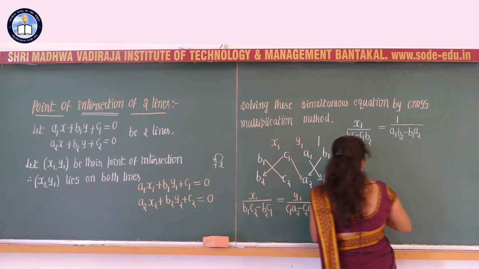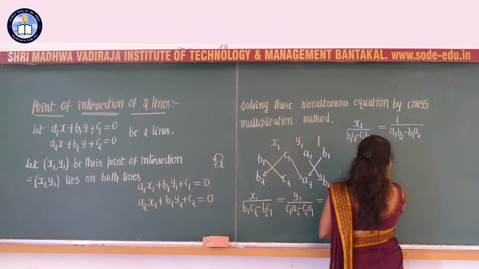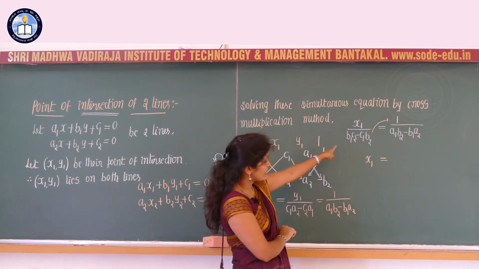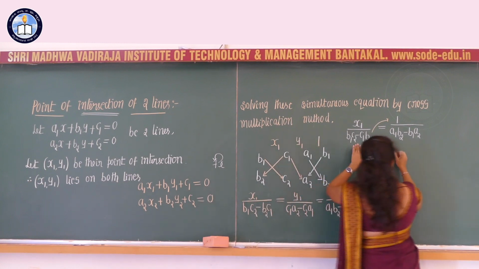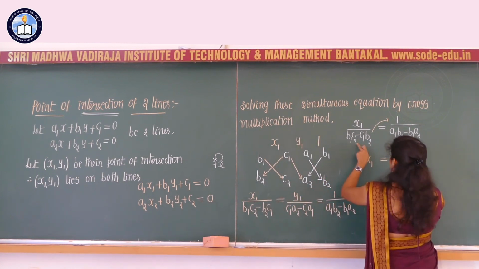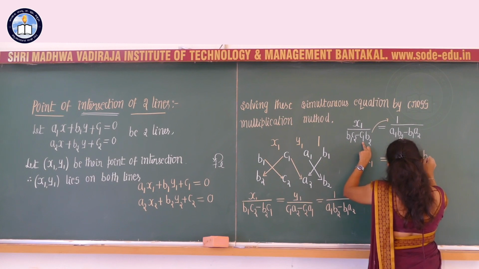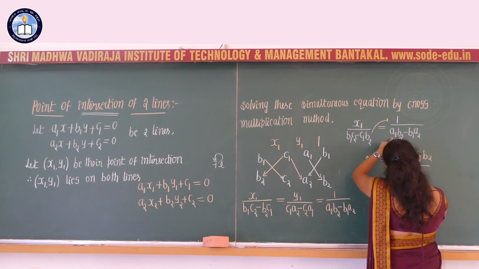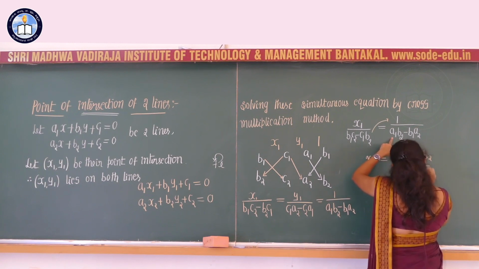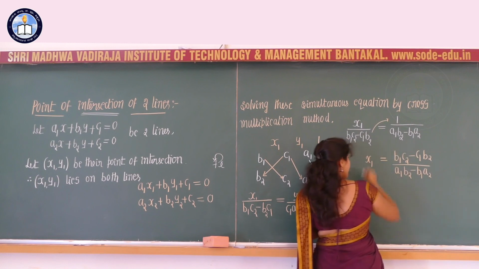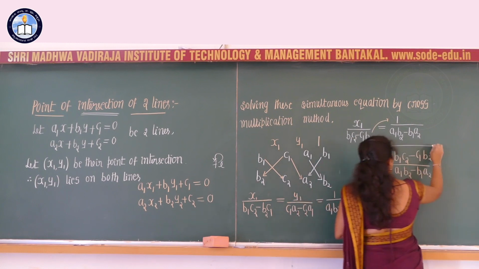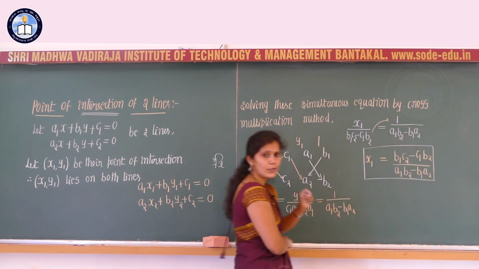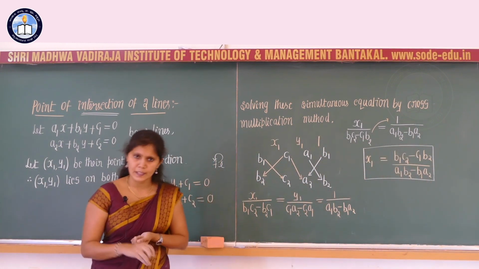And this simplification gives the answer x1 is equal to b1 c2 minus c1 b2 divided by the denominator, where the denominator is a1 b2 minus b1 a2. Clear? So this gives the value of the x coordinate, that is x1.